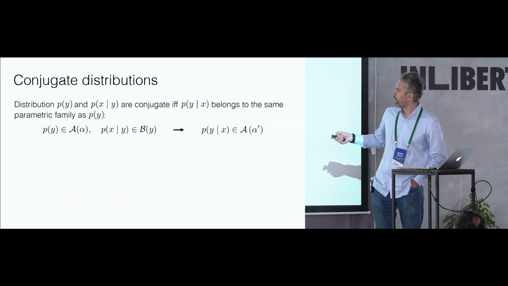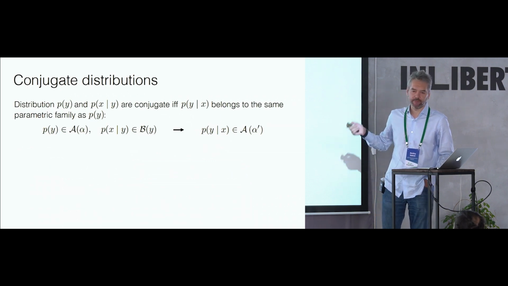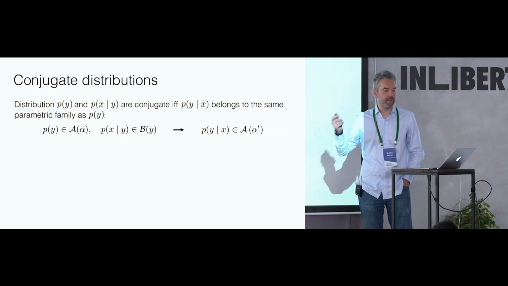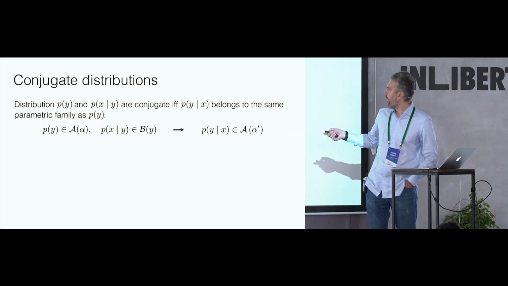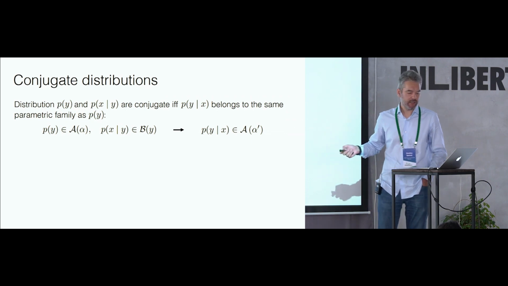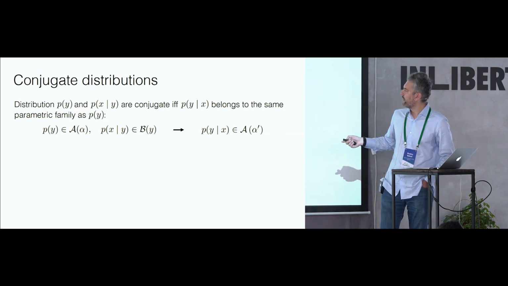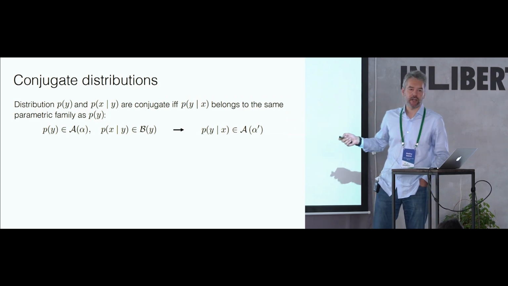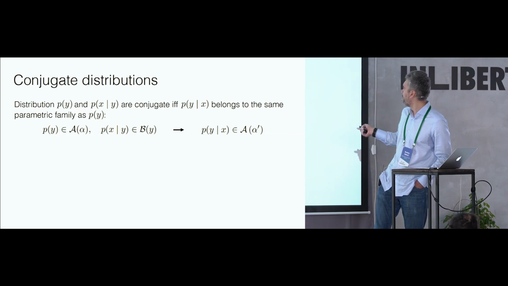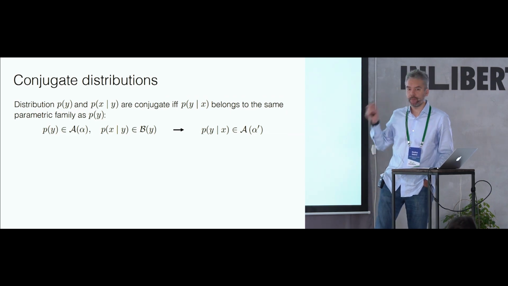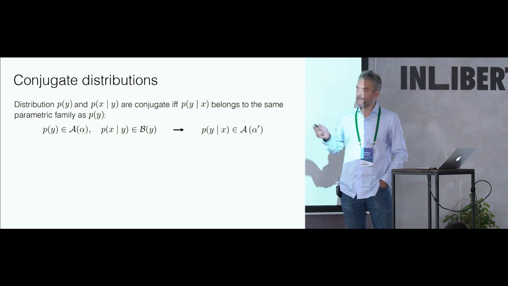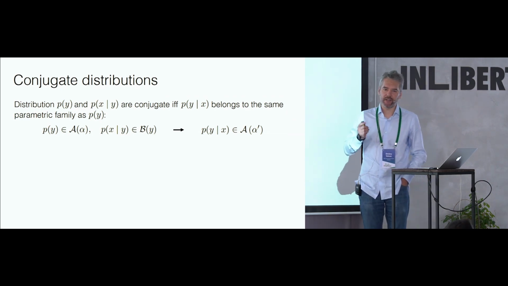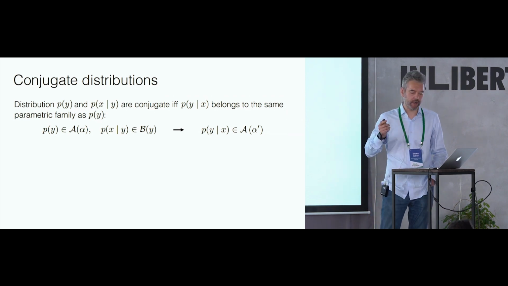If our prior belongs to some parametric family A parameterized by parameters alpha, and our likelihood function belongs to some parametric family B, which is parameterized by y, because y is in the condition here, and if we can prove that our posterior distribution will also belong to the same parametric family as our prior, but of course with different parameters, alpha prime, then we say that these two distributions are conjugate. And this means that we can perform full Bayesian inference in closed form.